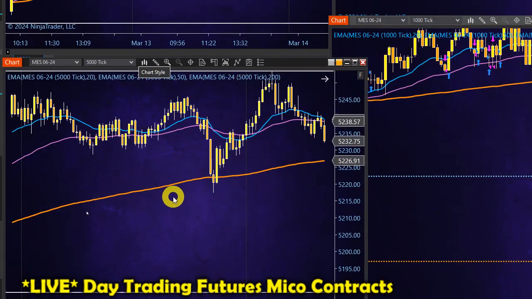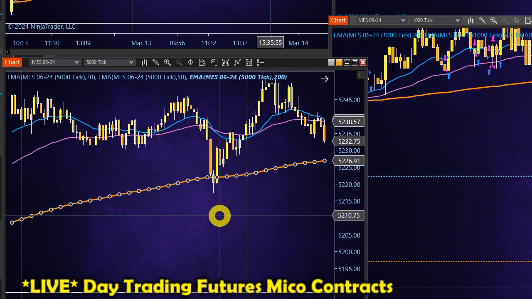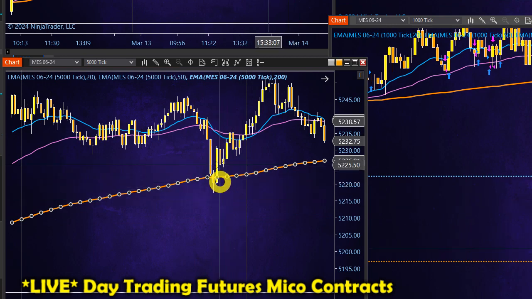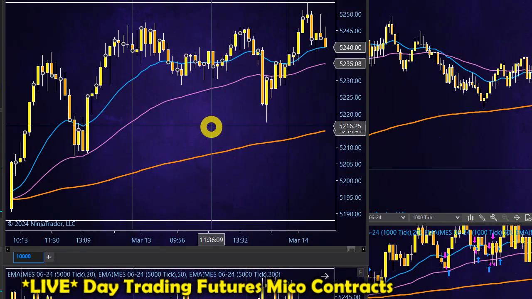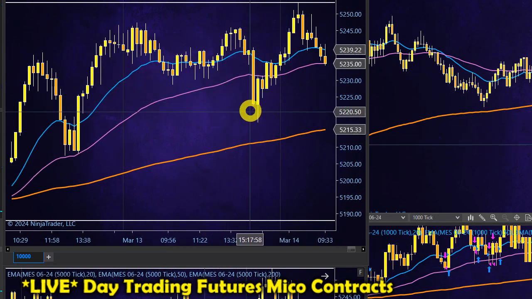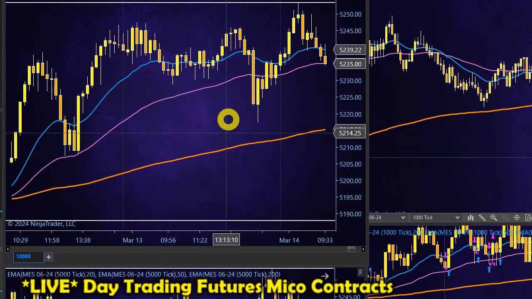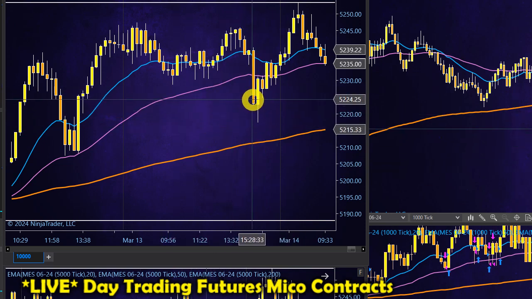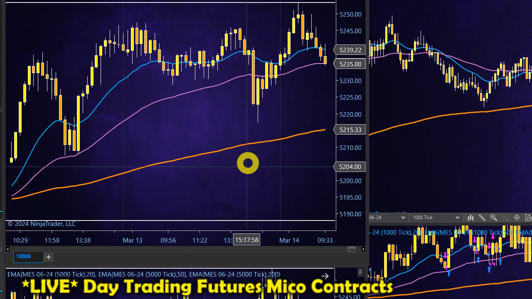Here's where the 5,000 tick comes in handy, because on a big dip down like this, before it went up, this is some of the best prices that you can get. This is some of the best opportunities, when it drops down here. It's dangerous, but it's the best price opportunity sometimes.